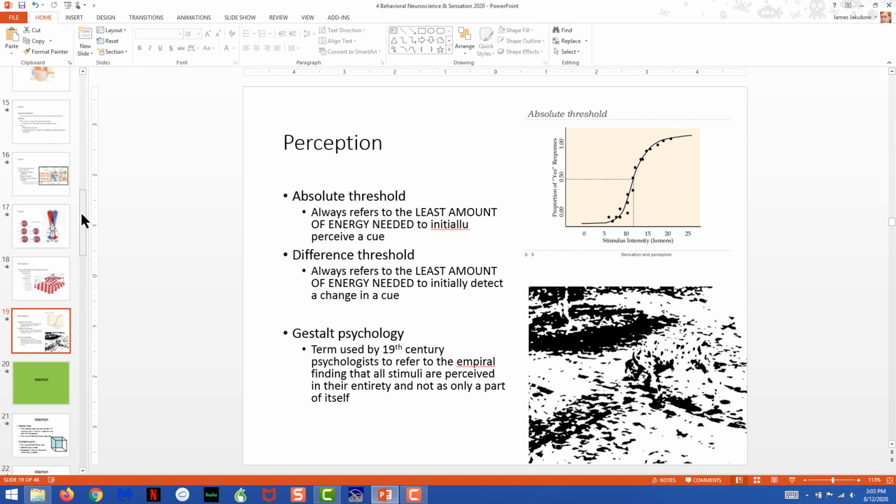So if we stuck you in an enclosed chamber that was cut off from all external sources of light, but we stuck you in there with 25 watts of light, we'll say, a dim light bulb, the fact that there's already light in there is going to affect your ability to notice any increases or decreases in light that occurs given the fact that light is already there. And that's the issue with the difference threshold.